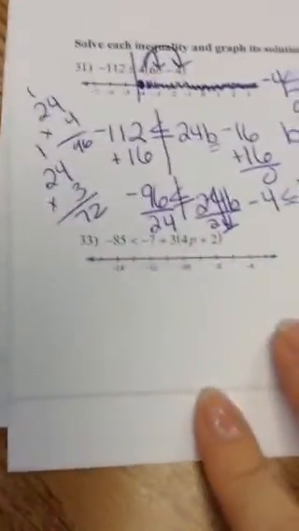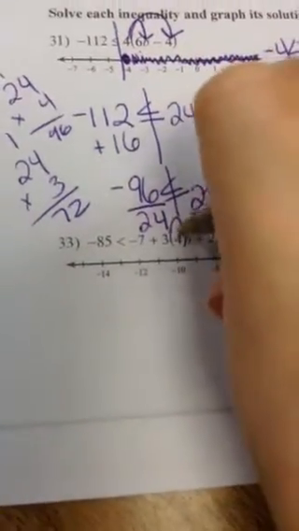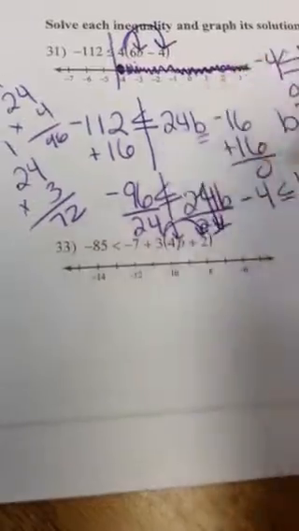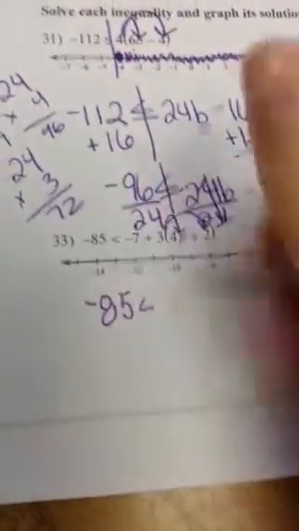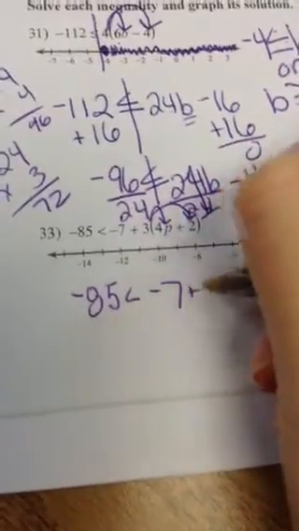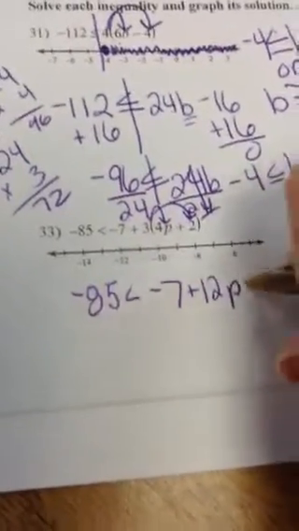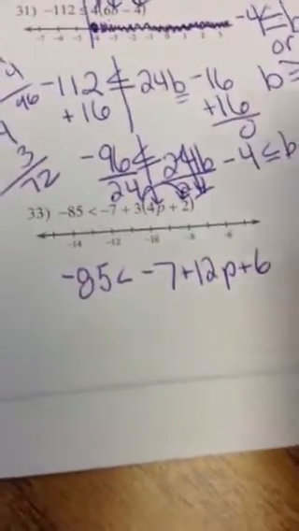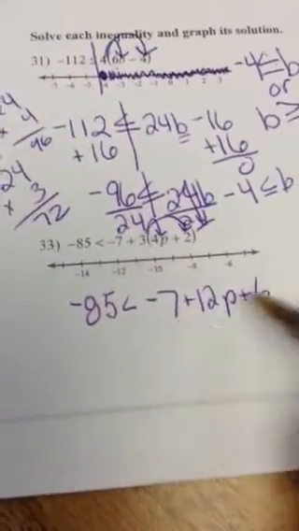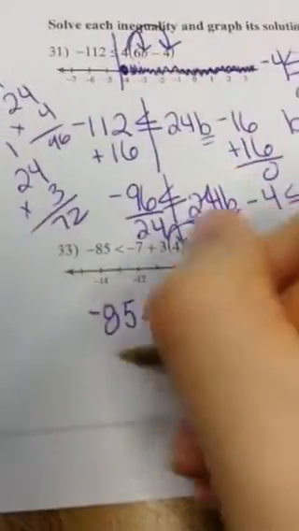For number 33, same thing. I'm going to start by distributing this 3. I get negative 85 is less than negative 7 plus 12p plus 6. Then I have a negative 7 and a positive 6.